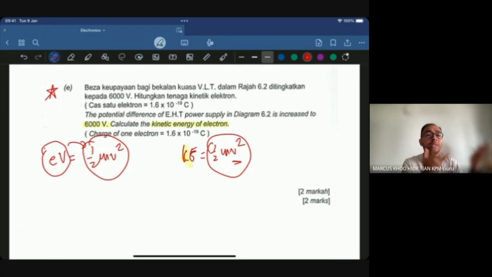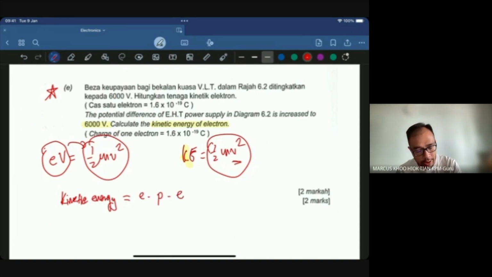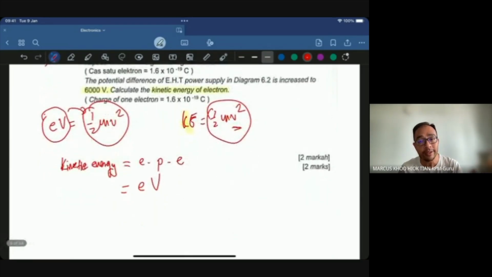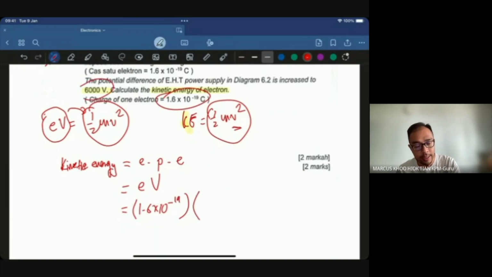Electrical potential energy equals the kinetic energy. So you can write the kinetic energy equals the electrical potential energy, which is just e times V. And this makes our calculation 10,000 times easier already. e is 1.6 times 10 to the power negative 19, as given over here, and then the V is 6,000 volts.